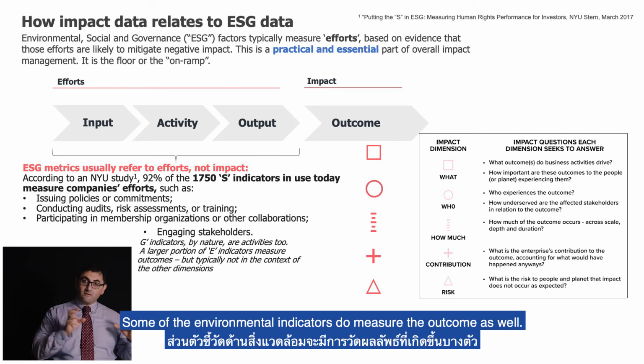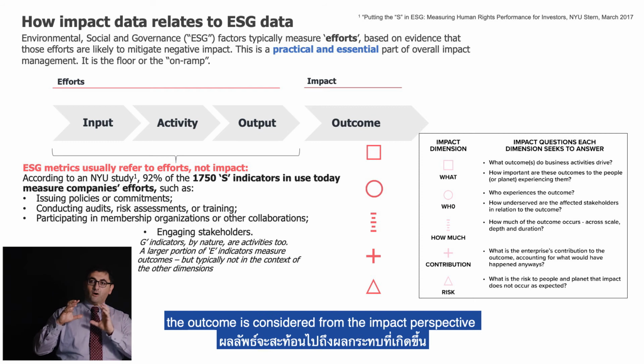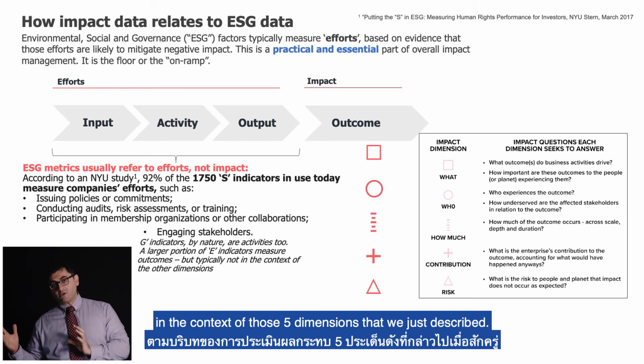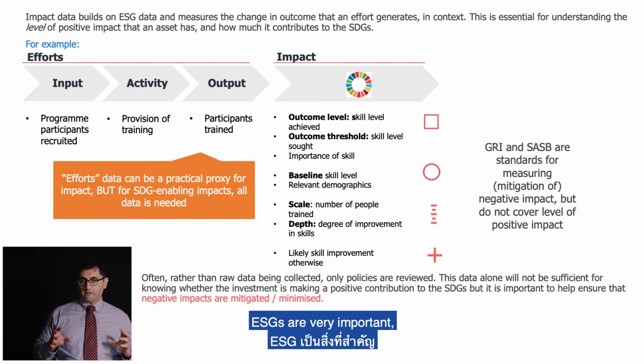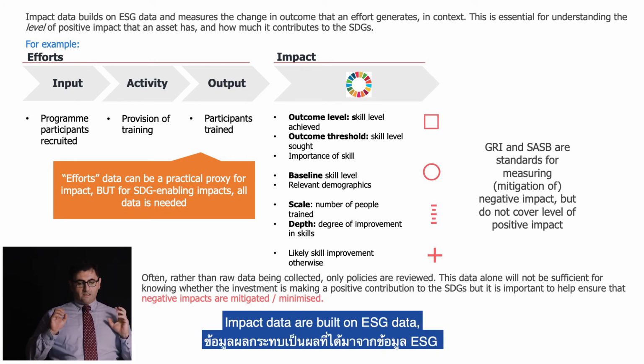Some of the environmental indicators do measure the outcome as well. However, in none of those cases is the outcome considered from the impact perspective in the context of those 5 dimensions that we just described. ESGs are very important, but they are not advanced enough to understand the impact. Impact data are built on ESG data.